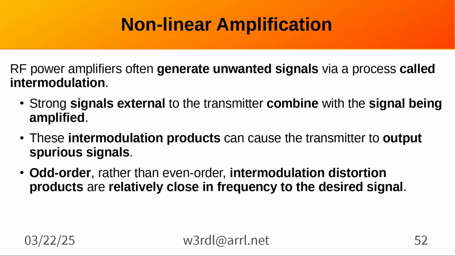And I think there's a chart here that's showing some of those. The main one to worry about is odd order, essentially the third order. It turns out that the third order harmonic is closer to the desired signal than the second and others, which doesn't seem intuitive.